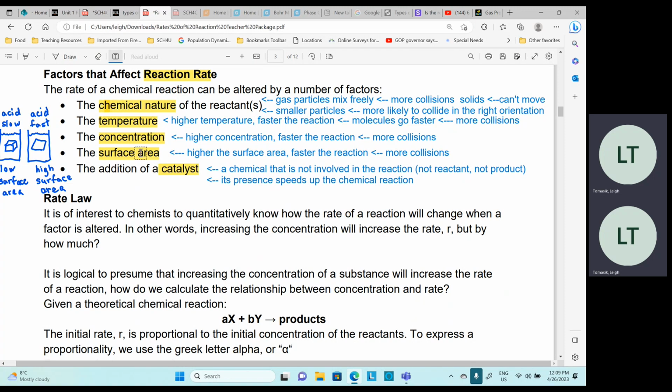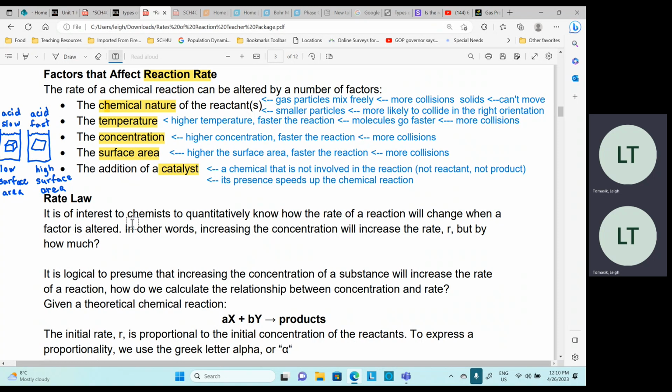These are qualitative because we describe them in words, but chemists are very precise. They want to know mathematically how the rate of a reaction will change. So they want to come up with a rate law, where we can plug some numbers into it, and it will determine how fast a reaction will go.